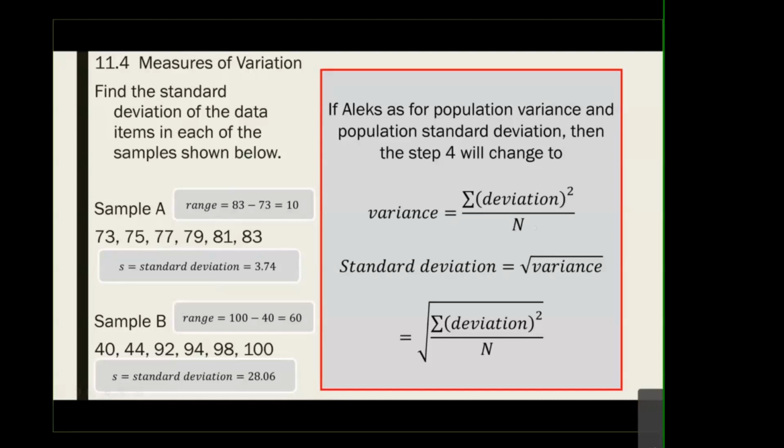Look out for this on your homework, quizzes, and tests. The steps are the same; the one small difference is dividing by the total n versus n-1 for the sample.